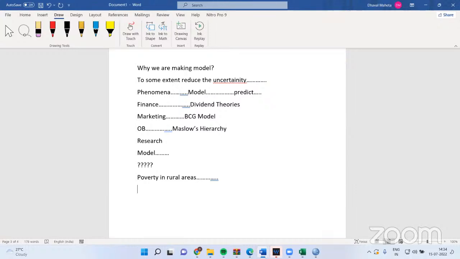Anybody? The microfinance model by Mohammed Yunus. Very nice. Excellent. Microfinance model by Mohammed Yunus, Grameen Bank.